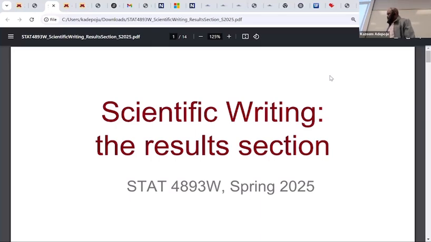So scientific writing refers to what I'm going to call a structured piece of communication. You've already analyzed your data, and you want to share the knowledge, share the information in a way that will be objective, very objective and very clear.